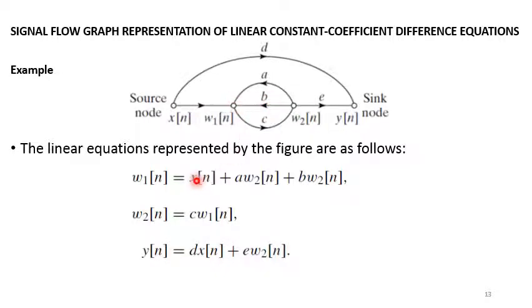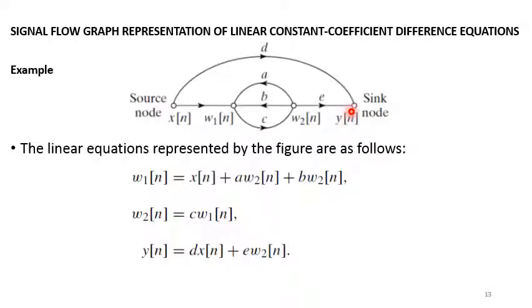So we write w1 of n equals x of n plus a w2 of n plus b w2 of n. Similarly, w2 of n has only one incoming branch, which is w1 of n multiplied by c. So w2 of n equals c w1 of n.